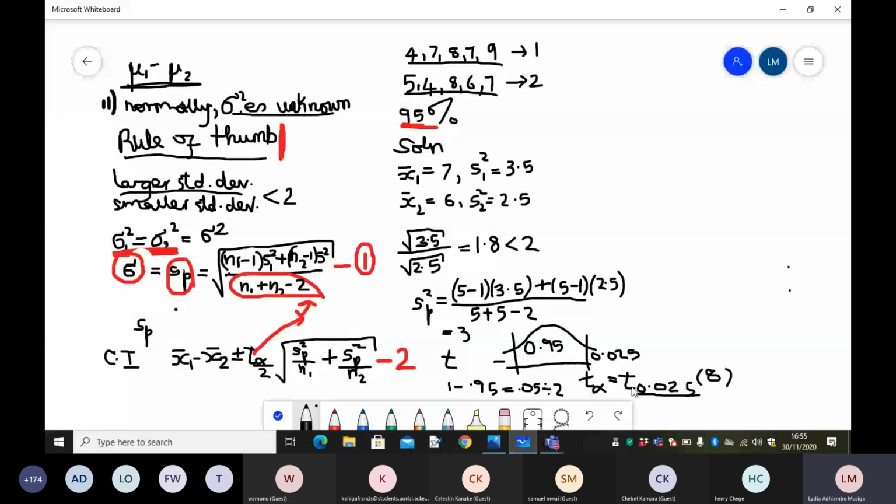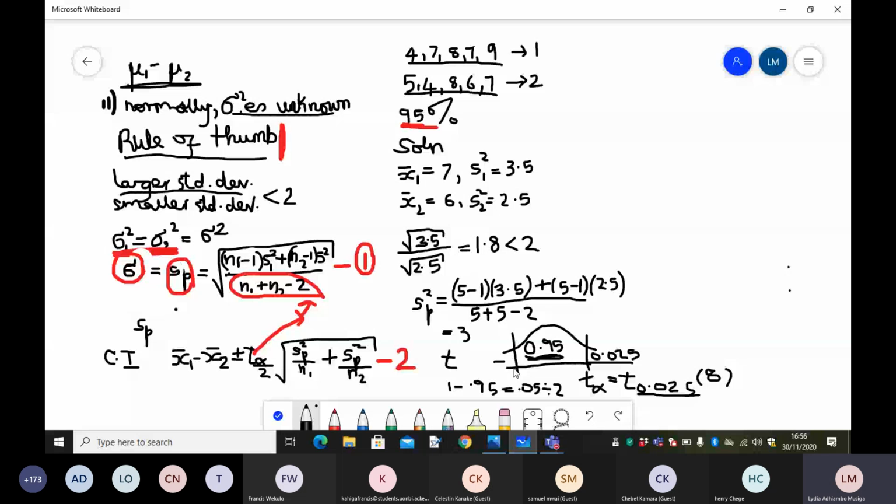Our level of significance was 95%. So if the level of significance is 95%, then we are saying that the middle area should be 0.95. And what does that imply? If we subtract 0.95 from 1, we get 0.05. Now, this 0.05 is the sum of the small area to the right and the small area to the left.